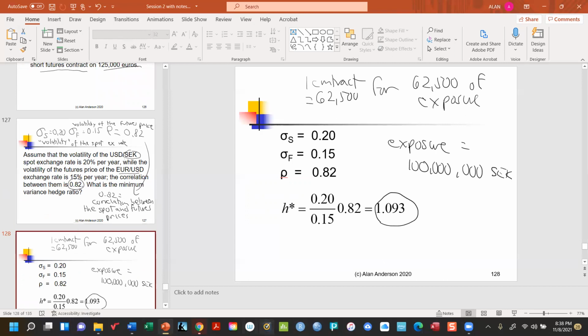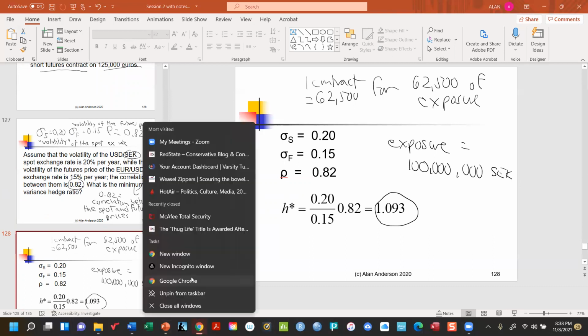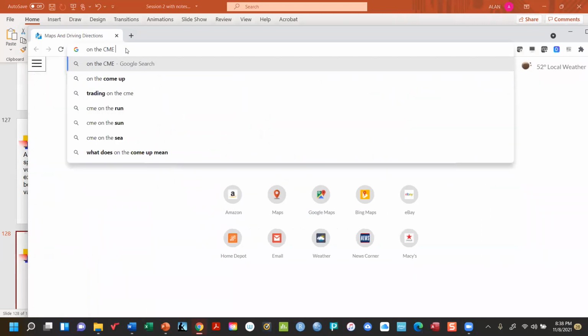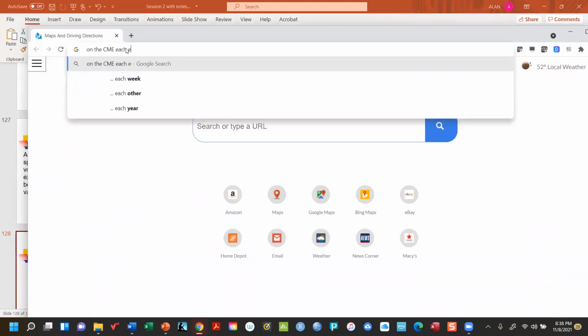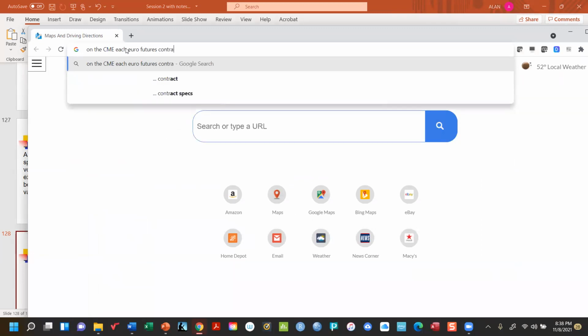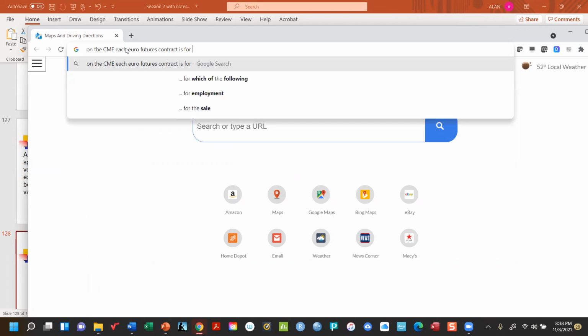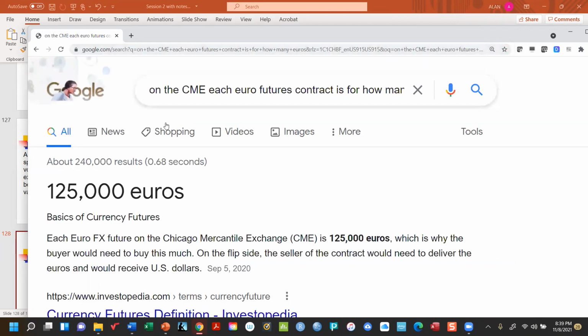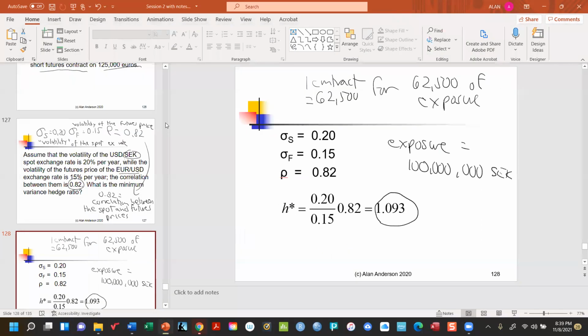Let me just double check this. On the CME, each euro futures contract is for how many euros? 125,000, all right.